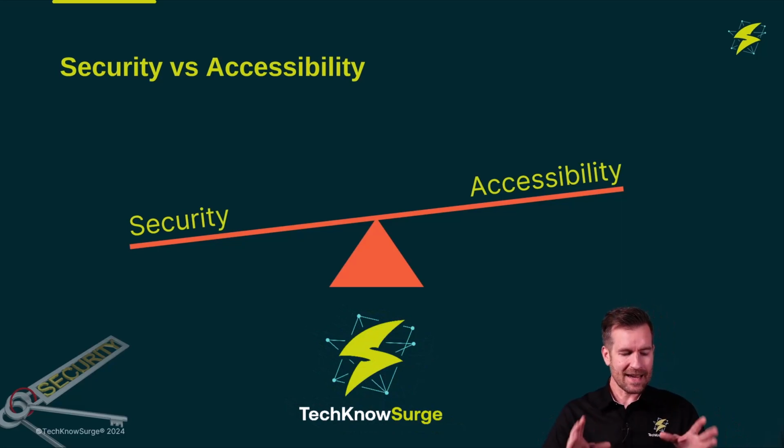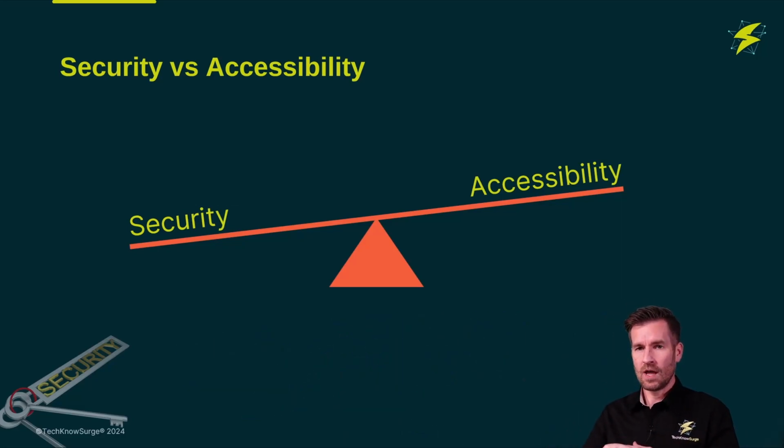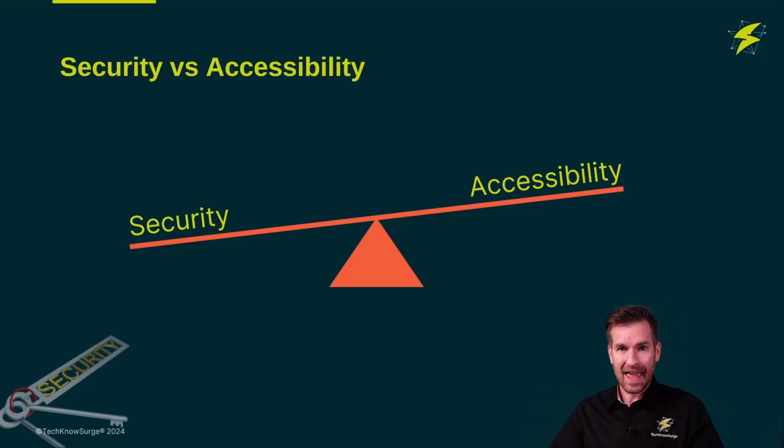So there are going to be times when you're going to have to listen to your users and find out what they're complaining about and either pull back some of the security measures or change some of the security measures or maybe implement new security measures. There are some changes that you're going to have to make because you have to facilitate the business doing business. That's what they're there for.